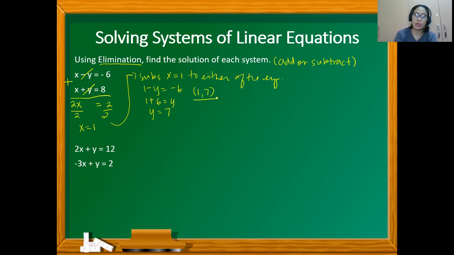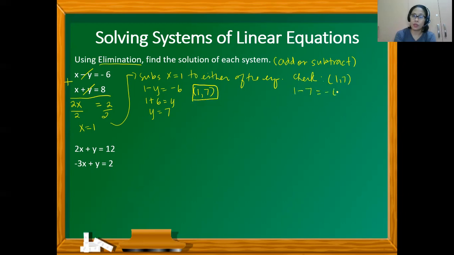Now, this (1, 7) should satisfy both equations. So we have to check and substitute 1, 7, which are the values of x and y respectively, to both equations. Using the first equation, substituting 1 and 7 to x and y, we have 1 minus 7.